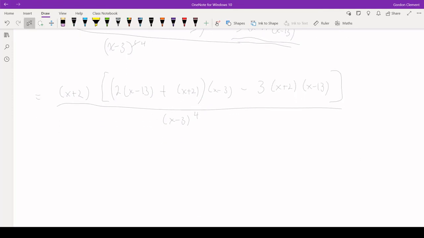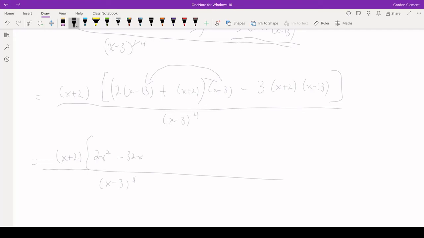So (x plus 2) stays factored out. (x minus 3) to the power of 4. And we're actually going to expand the inside now. So picture this coming over there. So you're going to get 2x squared. You're going to get negative 13 times that, and negative 16, and then times 2, negative 32x.